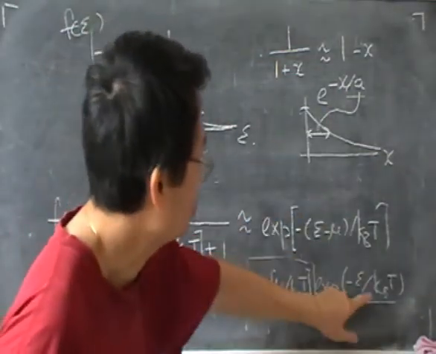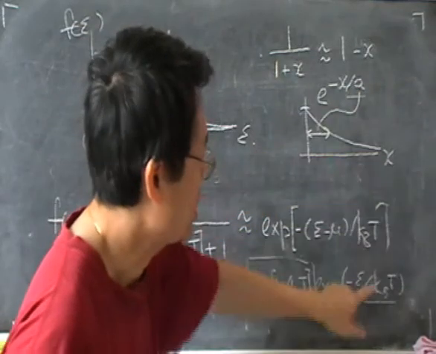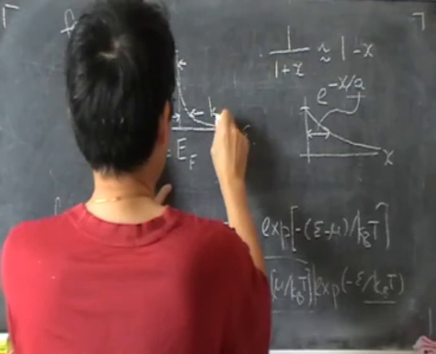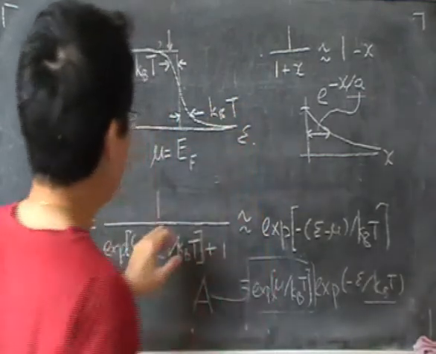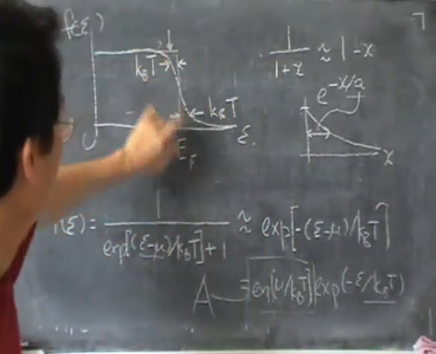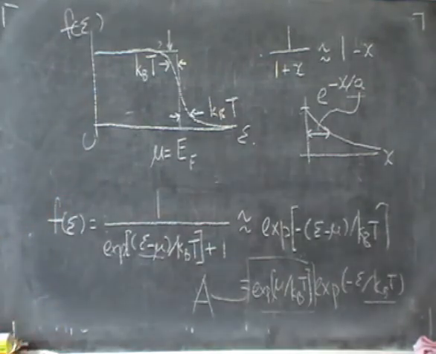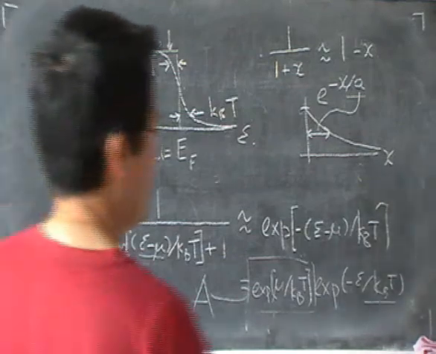If you compare the two, then clearly the width is again given by kBT. So this width is also kBT. In that way, these two parts of the curve are quite symmetrical. Okay, so let's move on.